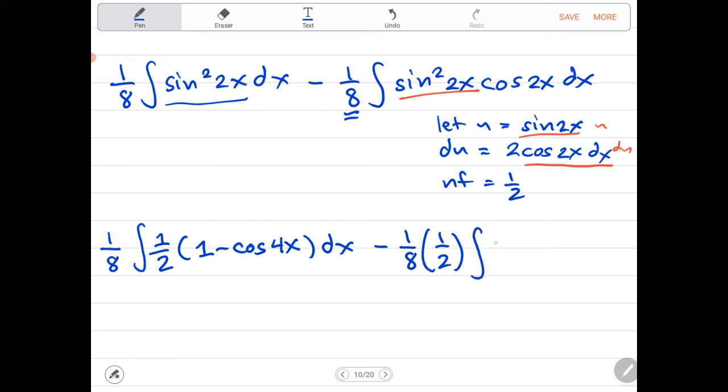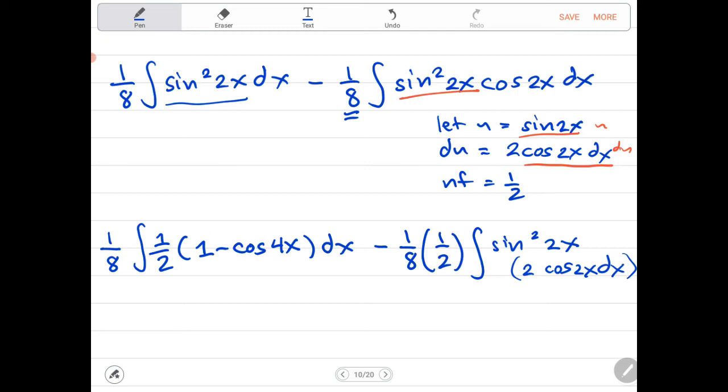let's do the substitution first. Sine squared 2x times 2 cosine 2x dx. So this is for u and du. Distribute.